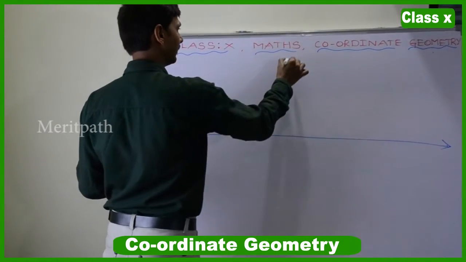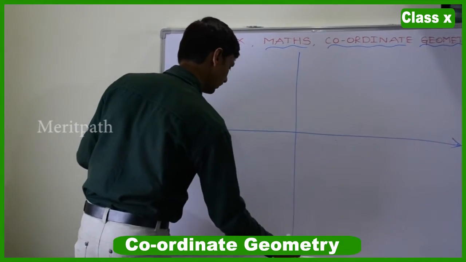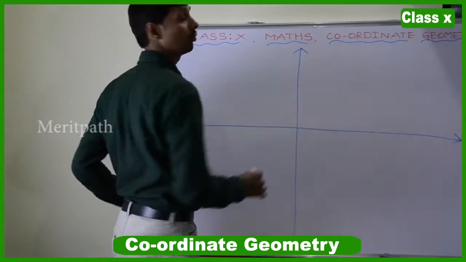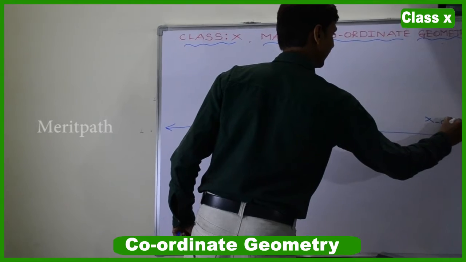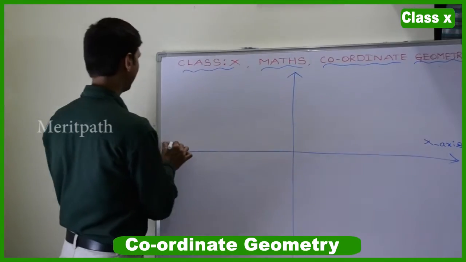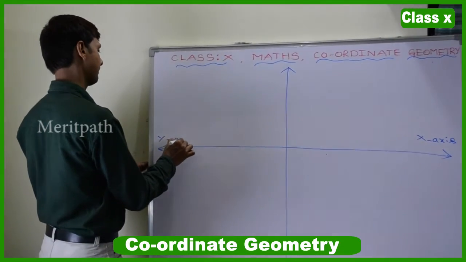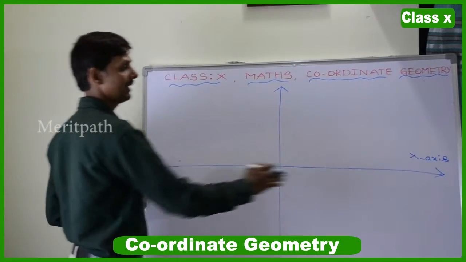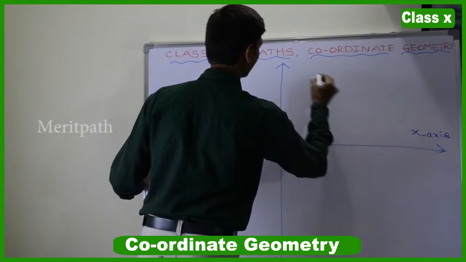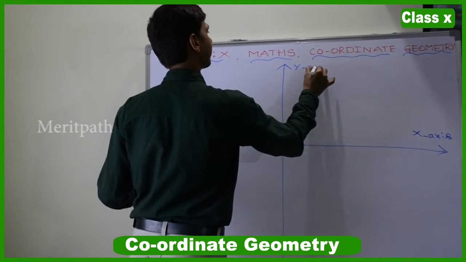The horizontal line is called the x-axis, as we have discussed previously. The vertical line is called the y-axis.